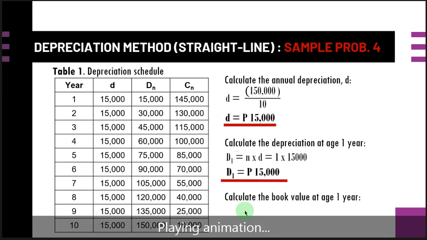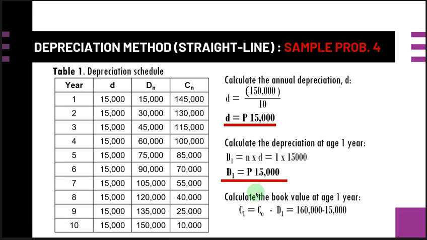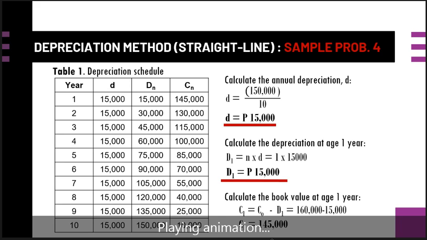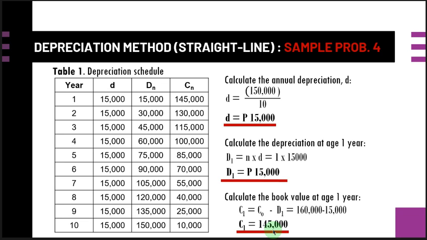C sub 1 is the difference of our original cost minus this D sub 1. So 160,000 minus 15,000 pesos. We have our book value during the first year, C sub 1, equal to 145,000 pesos, as you can see on the fourth column.